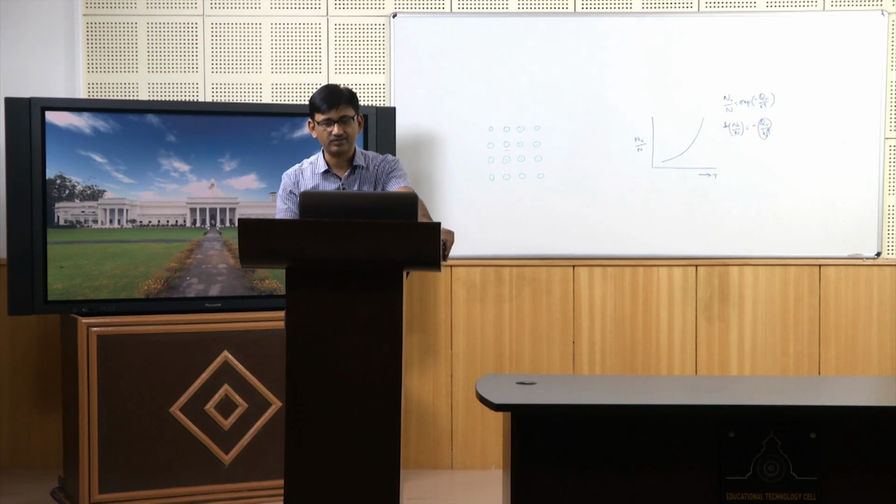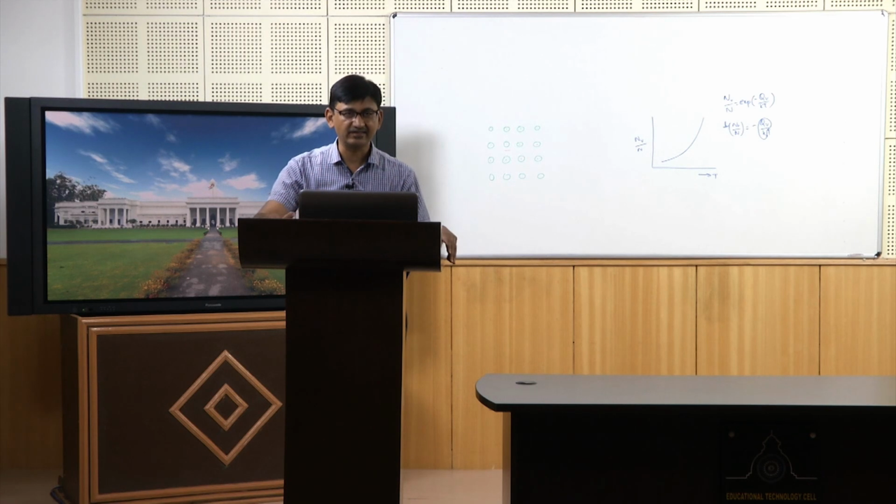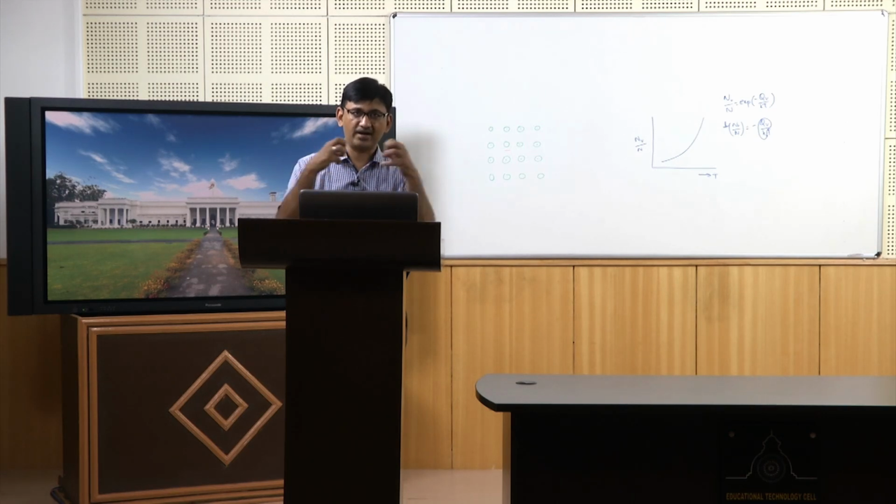In this case, because it is between two grains, you call it a grain boundary, and where you have a grain boundary you can see that the arrangement of atoms is not regular as in the grains or crystals, and the bond lengths are also not at the equilibrium distance, they are kind of stretched.